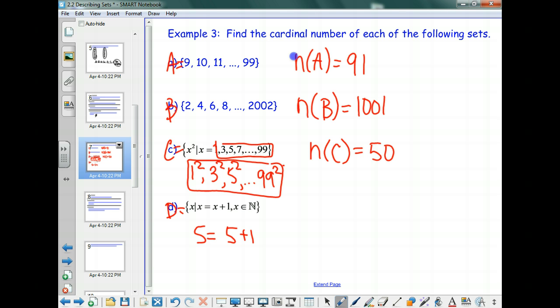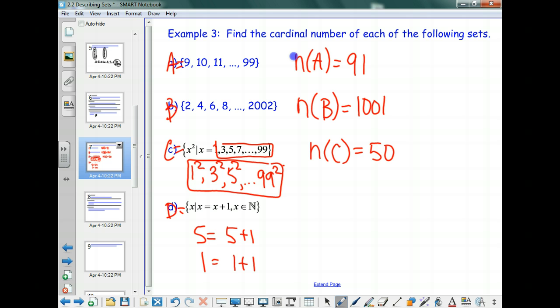No. Let me pick another number, 0. Does 0 equal itself plus 1? No. Let's not use it then, that's true. It still won't work, but how about 1? Does 1 equal itself plus 1? No.